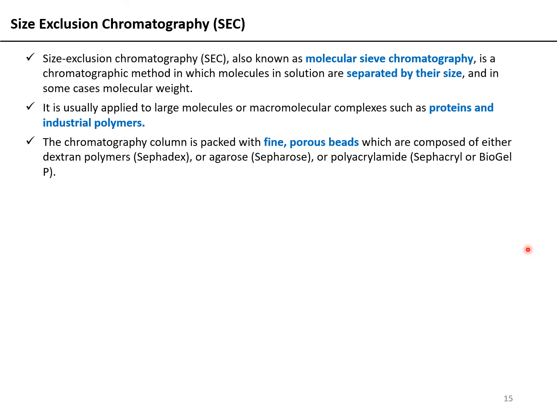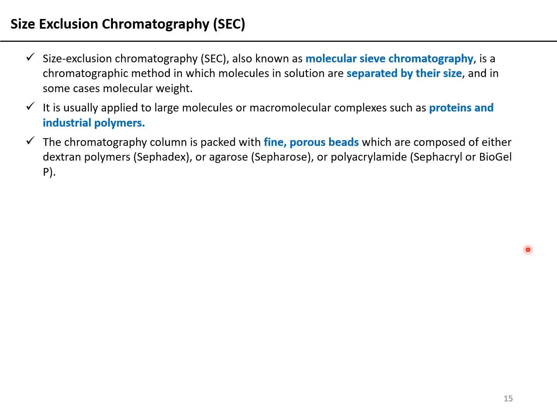Some are better at separating proteins of higher molecular mass or higher size, whereas others are more suited for resolving proteins of lower size. That is, they will better separate proteins of smaller size and will not offer very good resolution for proteins of larger size, while other columns will offer good resolution for proteins of larger size but not so good resolution for proteins of smaller size.